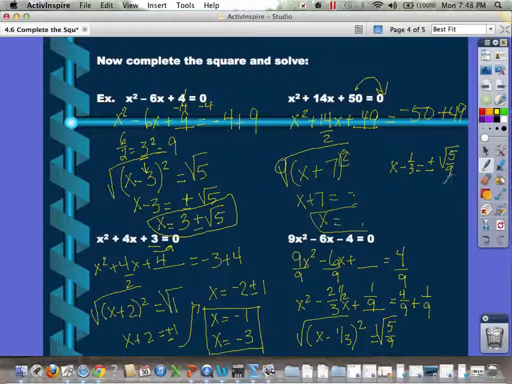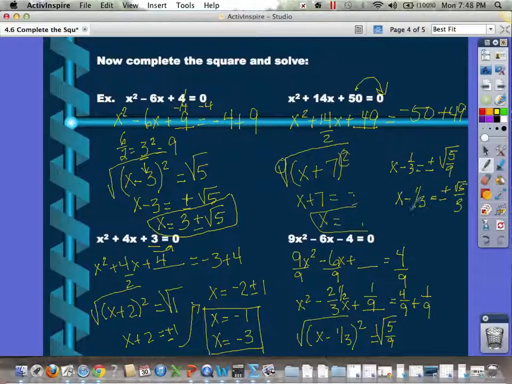Okay? Alright, so I need to clean this mess up because it's 5/9 under the radical. And I know that I could split that up and make square root of 5 over the square root of 9, which makes 3 on the bottom. So let me go ahead and write that. x minus 1/3 equals plus or minus square root of 5 over 3.